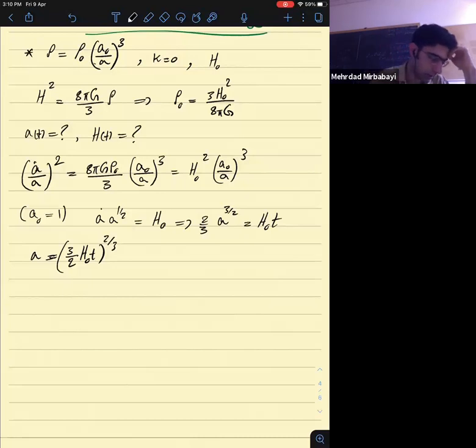Right, so as you see, as I increase t, the scale factor grows as t to the 2/3. As I decrease it, it decreases, and at some point it hits 0. So I fixed the integration constant such that t equal to 0 corresponds to the point when the scale factor hits 0.